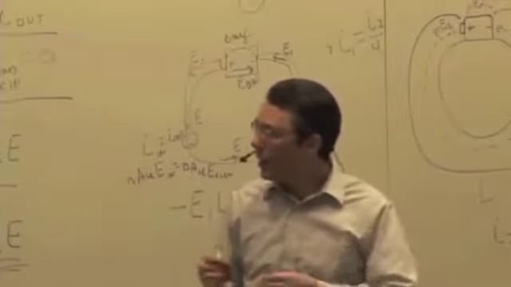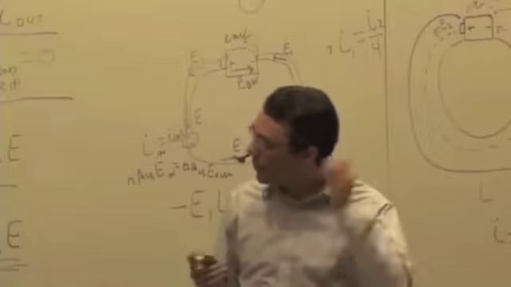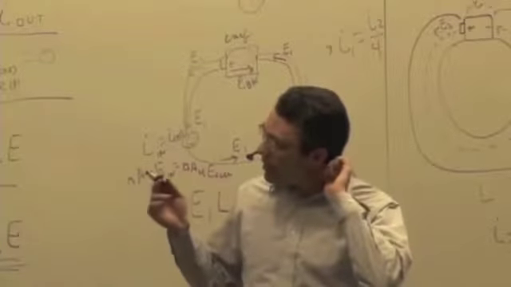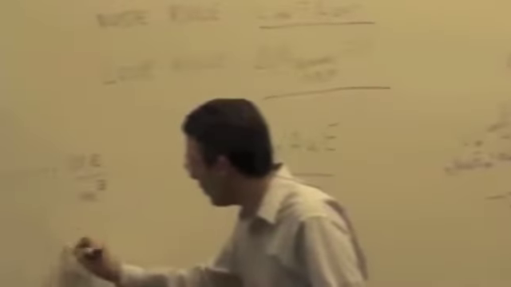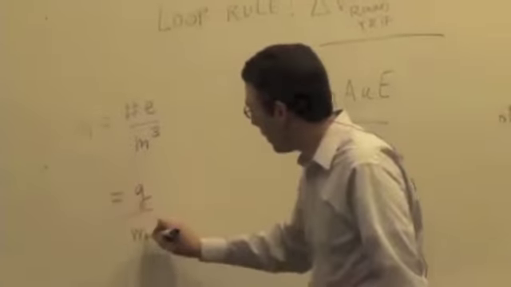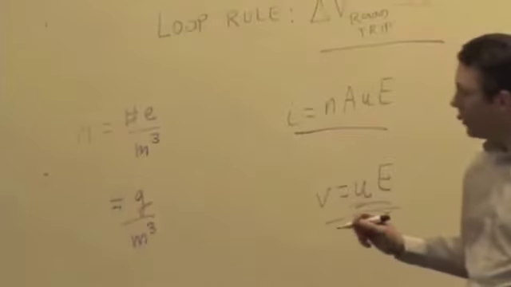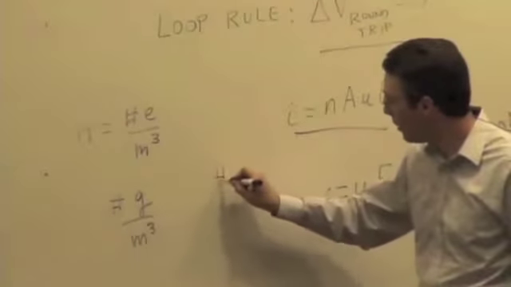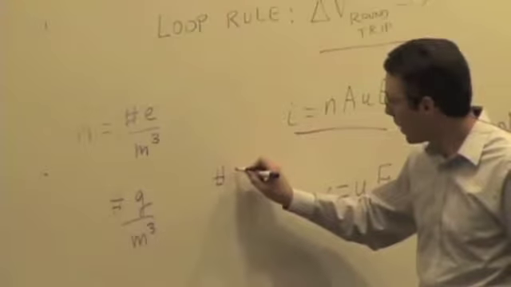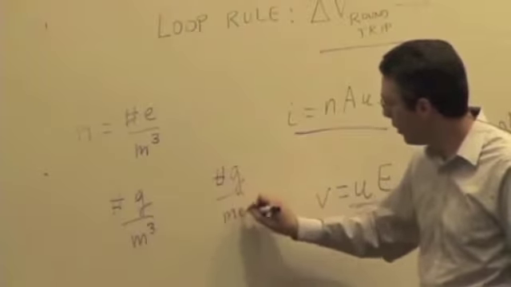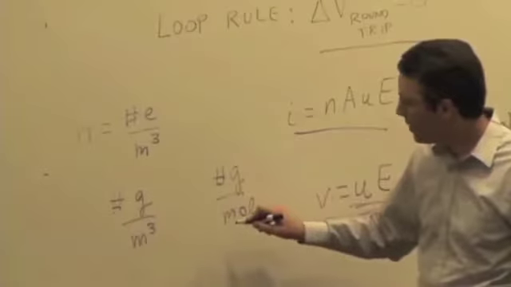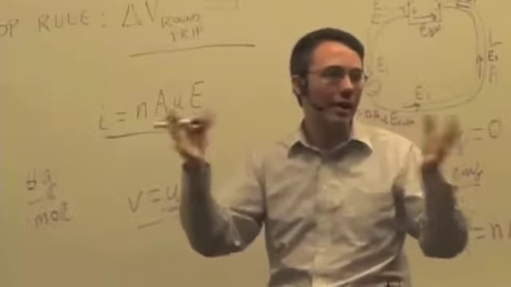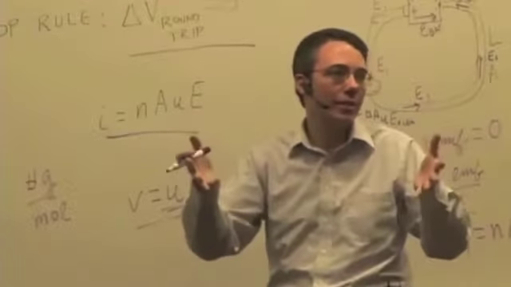So if you knew, for example, the density of the metal, so the metal has a certain number of grams per cubic meter, and you knew the molar mass, the number of grams per mole, you could figure out essentially the number density of atoms, the number of atoms there are in a cubic meter of a particular material.